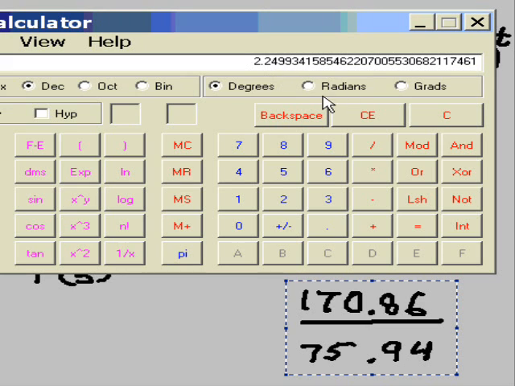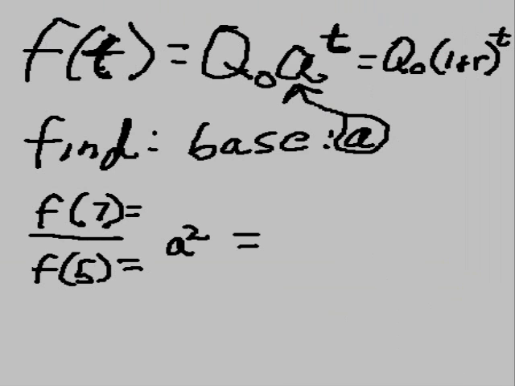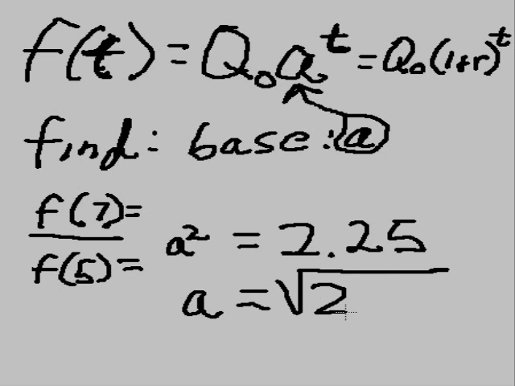We could turn that into 2.25 without any problem. So 2.25 is a squared. Then a should be equal to the square root of 2.25.